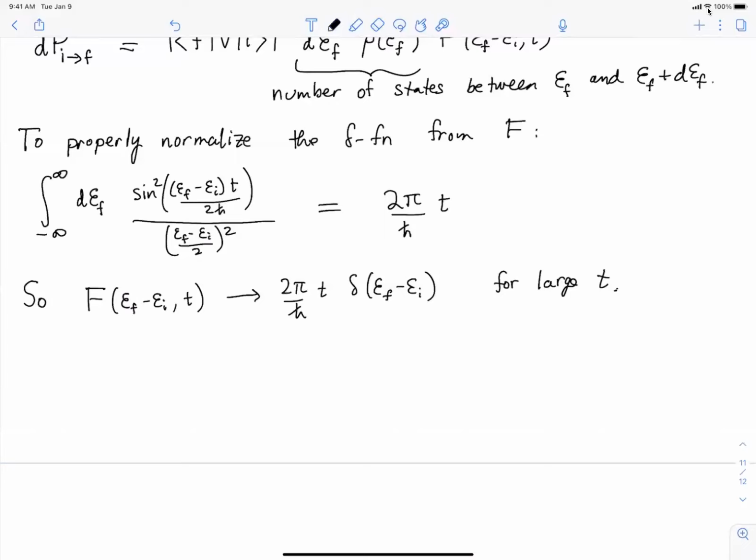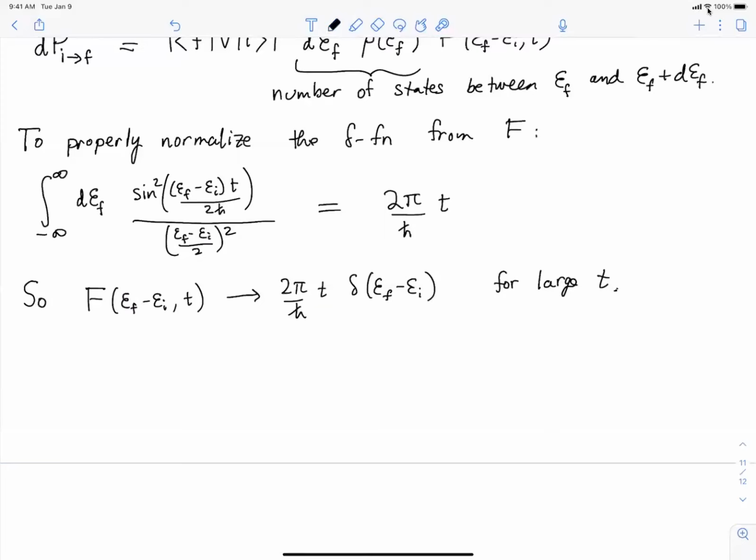And this thing, remember, appeared in the expression for the probability. So let's think about what that means. We've got a probability that at large times is proportional to time. And if it's proportional to time, that means that it's a rate. What we're really computing here is a rate, a probability per unit time.